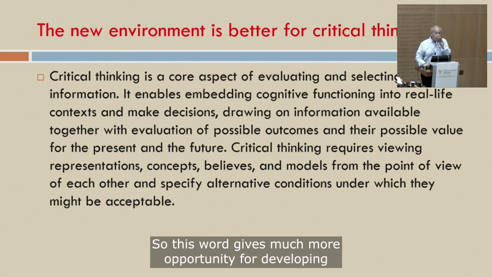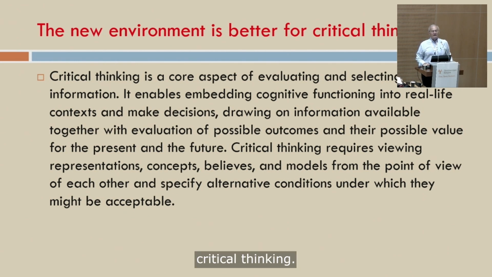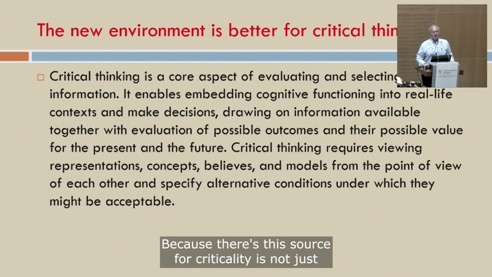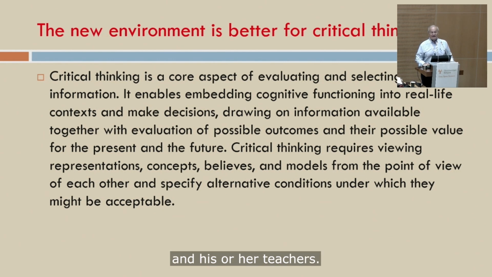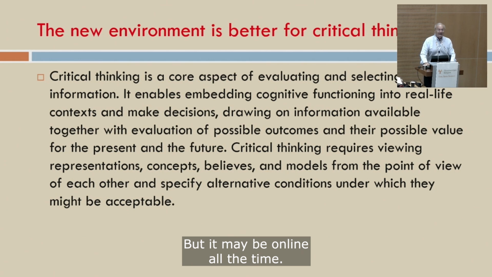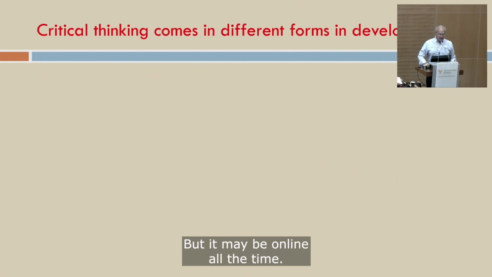So this world gives much more opportunity for developing critical thinking, because the source for criticality is not just between a child and his memory or his perceptions, or the child and his or her teachers, but it may be online all the time.